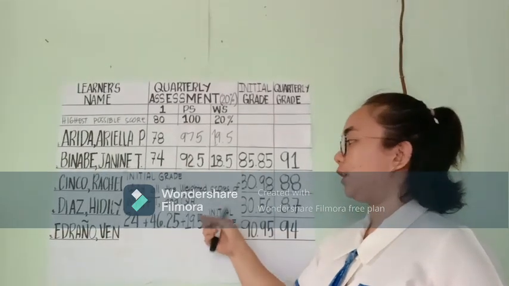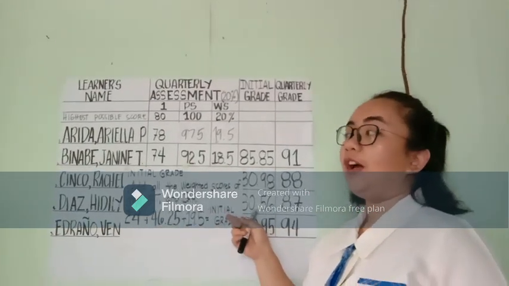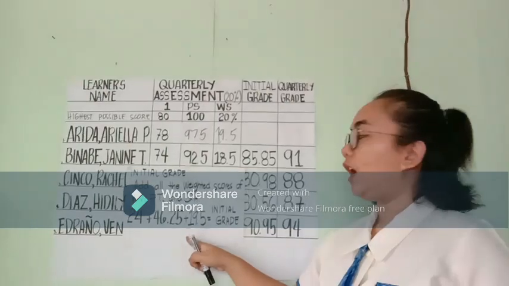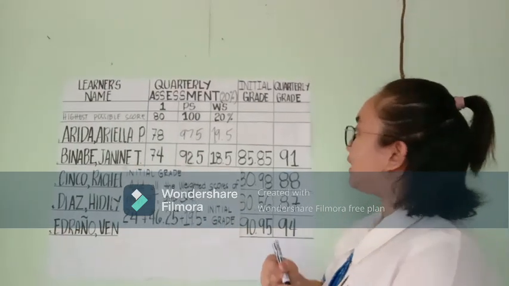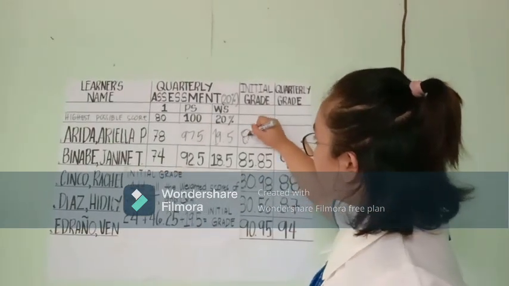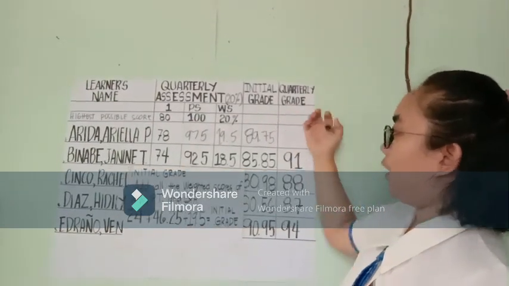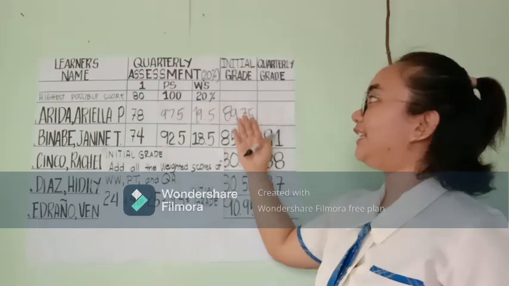So 24 plus 46.25 plus 19.5 is 89.75. The initial grade is 89.75.